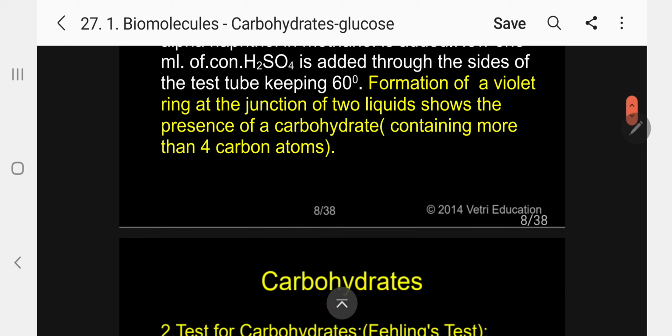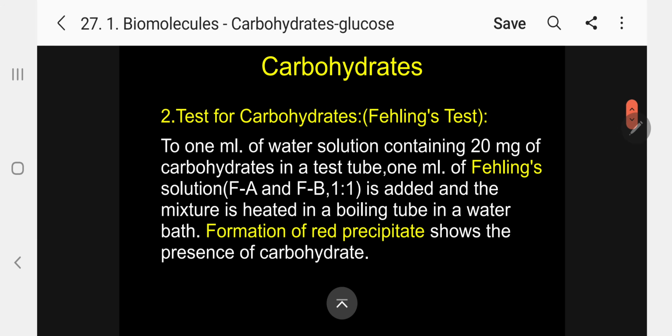Please follow. The second general test for all carbohydrates, Fehling test. To 1 ml of water solution containing 20 milligrams of carbohydrate in a test tube, add 1 ml of Fehling solution, Fehling A and Fehling B. That means it's a mixture, Fehling A and Fehling B in a 1:1 mixture should be added.